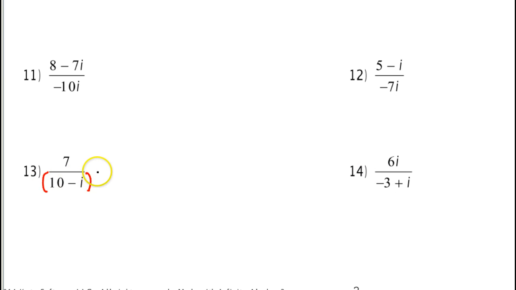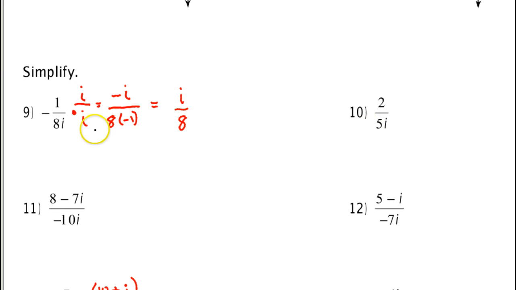You have to do a little bit more work. And recall what happened right here is that i squared equals -1. So once I get i times i, just substitute in with a -1, and that takes care of it.